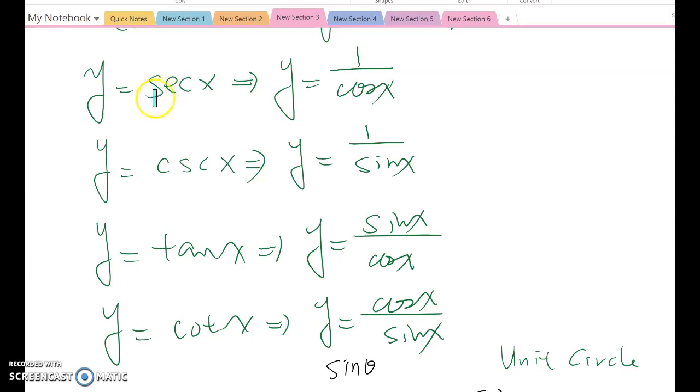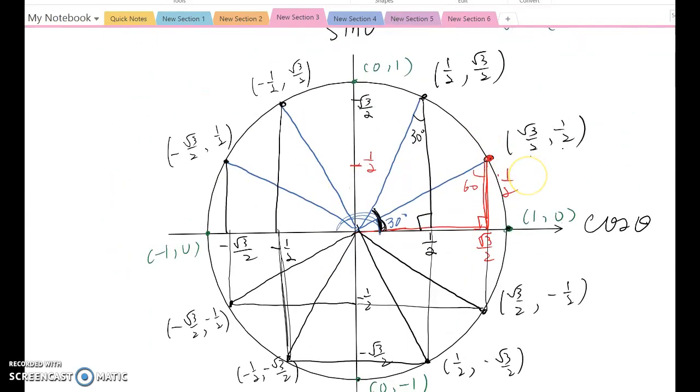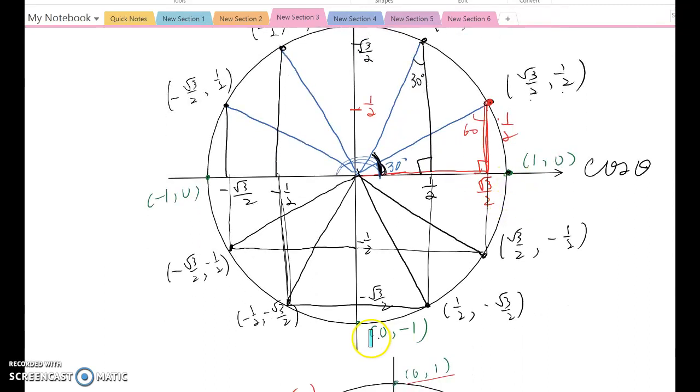As we know, secant means 1 over cosine, right? Then you need to watch out where cosine x becomes 0. When we go down here, cosine equals 0 at this value and at this value too, right?